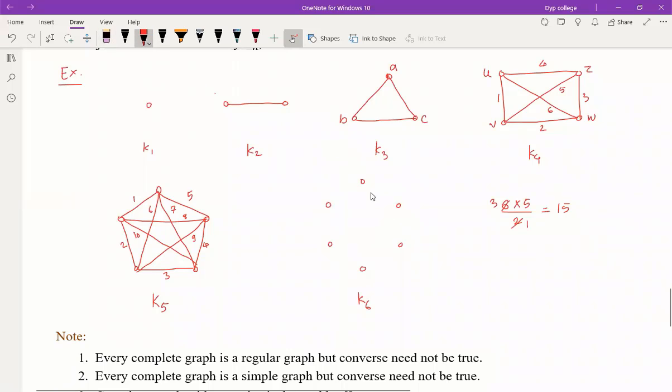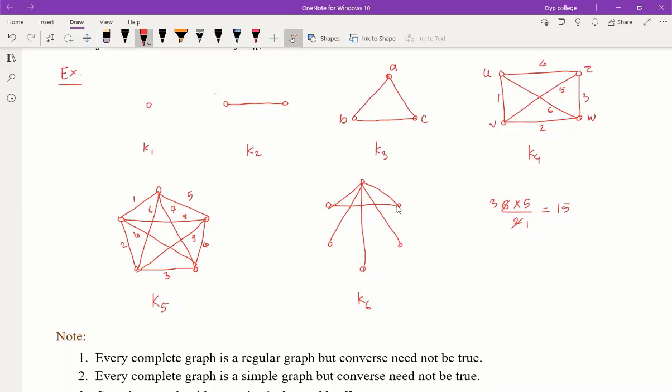ठीक है. मैं वापस एक बार ड्रॉ कर देता हूं. सॉरी. 1, 2, 3, 4, 5.